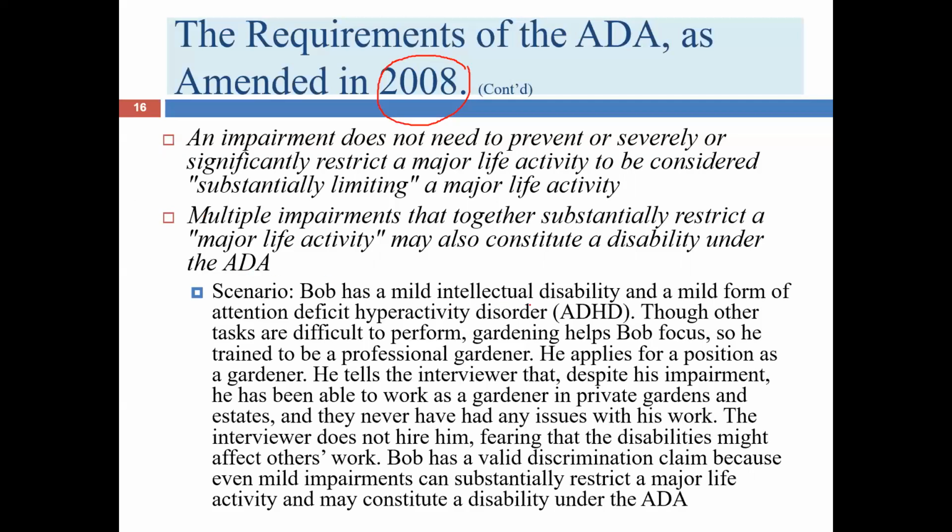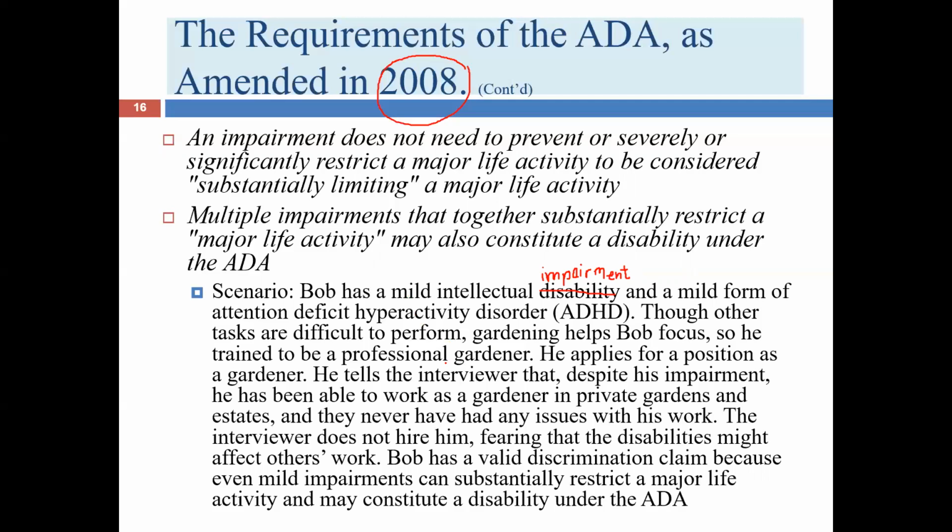Bob has a mild intellectual disability on its own. Actually, I'm not going to say disability, I'm going to say impairment. On its own, it doesn't meet the definition of disability. He also has a mild form of attention deficit disorder. Again, on its own, wouldn't meet the definition of disability. But these two conditions in combination could.